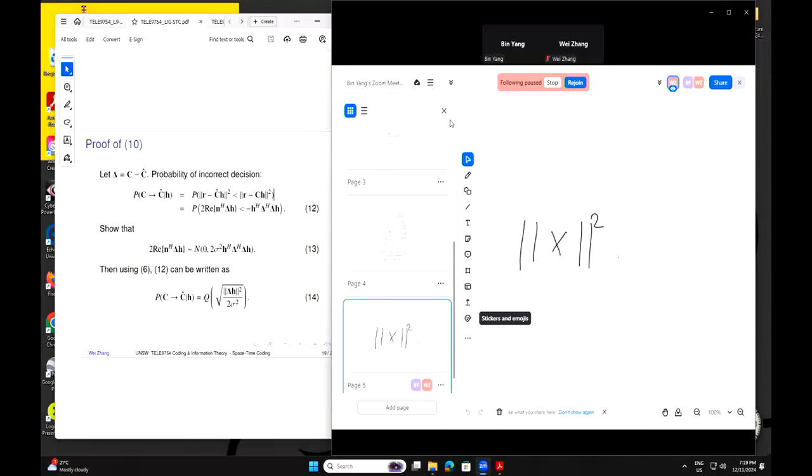The norm square actually is given by x, because this is one signal, right, or one symbol, so it could be given by x Hermitian. If x is a column vector, so we can swap.